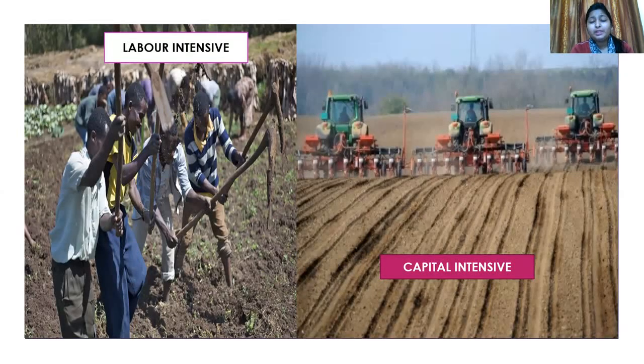Most of the work in modern methods of farming is done by machineries, so it is considered a capital intensive technique, because it replaces labor with machines, and that is why it's expensive compared to traditional methods of farming.